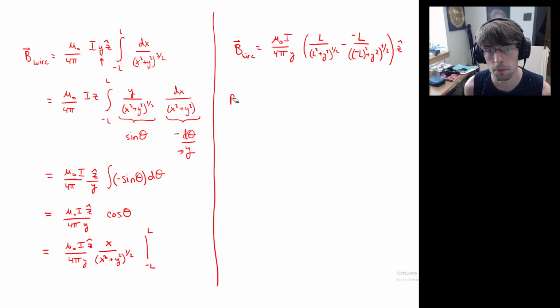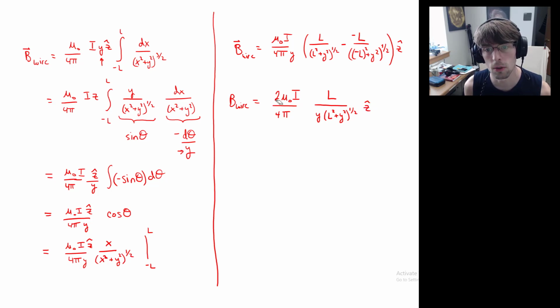And so I have B wire equals, I have two of these, so I have a 2 mu naught I over 4 pi. And then I'll put all of the distances together. We have an L over y, L squared plus y squared to the 1/2 in the z hat direction.